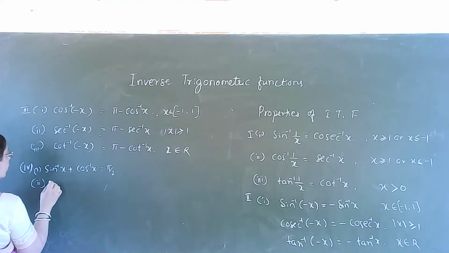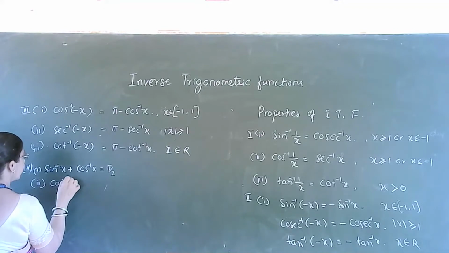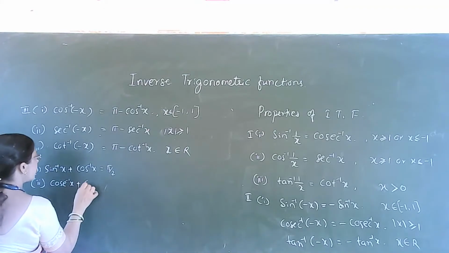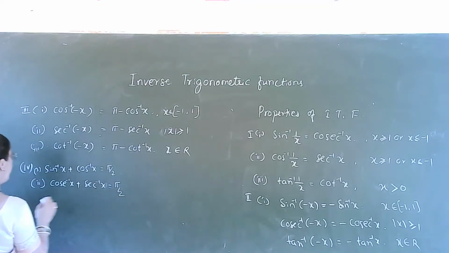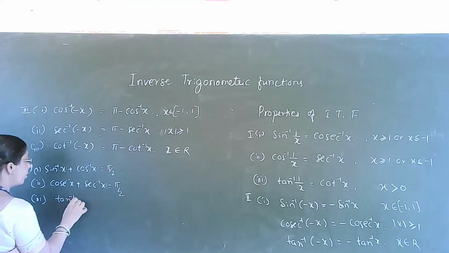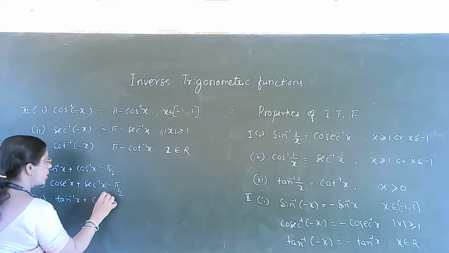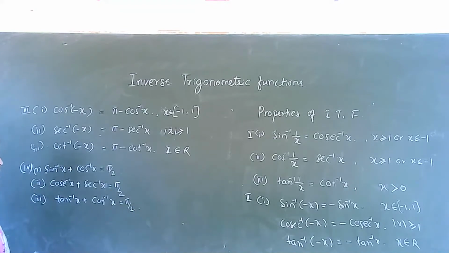The second one is cosec inverse x plus sec inverse x, which is equal to pi by 2. Then the third one is tan inverse x plus cot inverse x, which is equal to pi by 2. These are three.